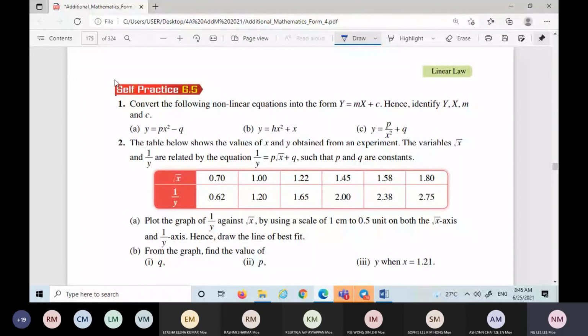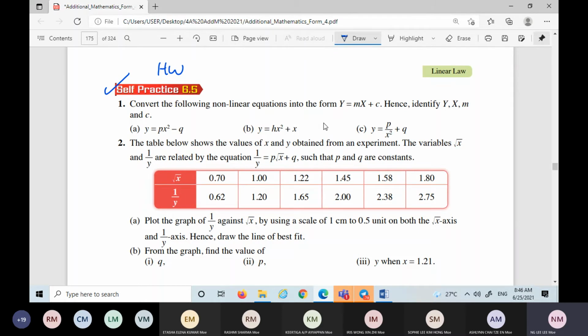Okay, so this is your homework. For this, if you don't know what you should use for your capital letter Y or capital letter X, try to look at the answer at the back. If you do it by yourself and your answer is different from the back, you can WhatsApp me. I will tell you whether your answer is correct or wrong. For those who want to try by yourself, don't look at the answer at the back.